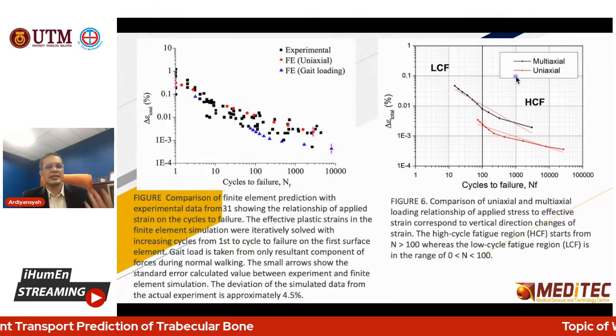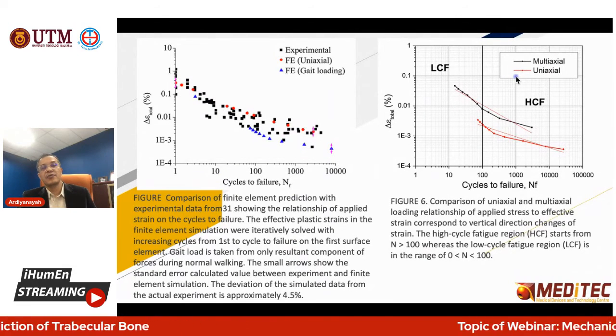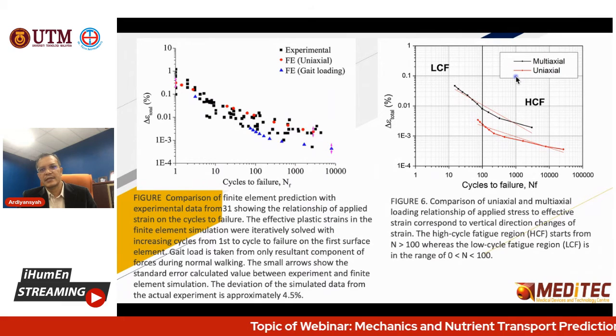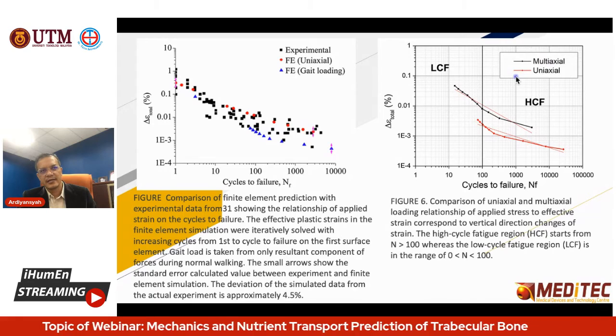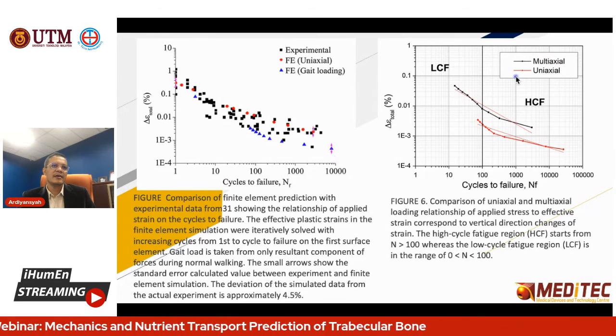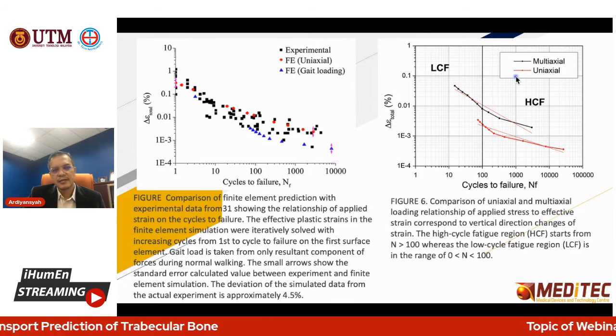Okay, this is the advantage of having the model. After testing, after you prepare the sample, you can scan, and then you can manipulate anything. You can analyze and compare with the experiments.